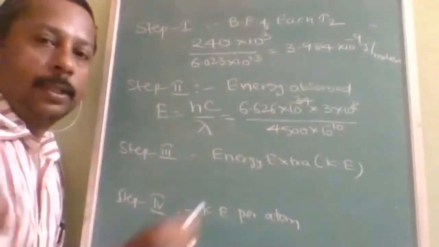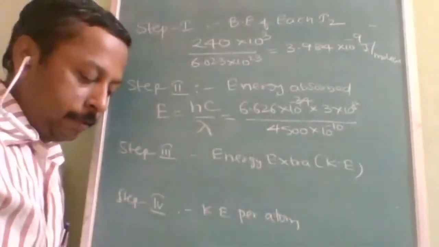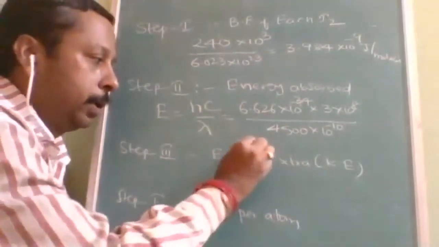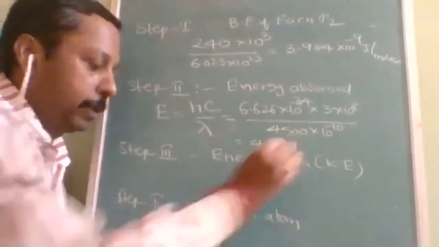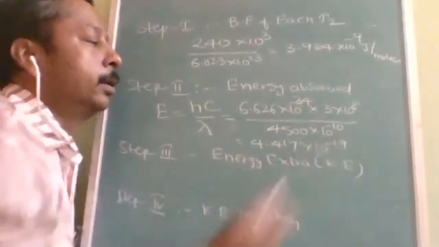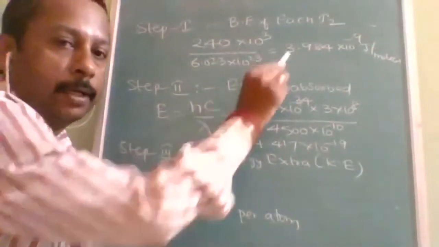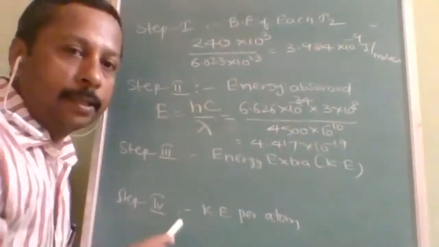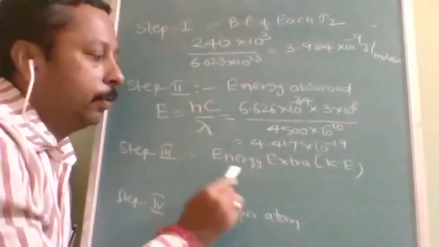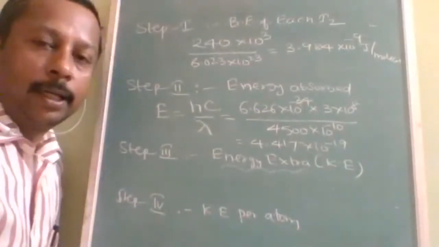So this energy was given, and that energy was required. When I calculated, I got 4.417 into 10 to the power of minus 19. See, here only you can understand. This was the required energy, and we have given this much energy. Extra we have given, so the extra energy will be converted into kinetic energy.